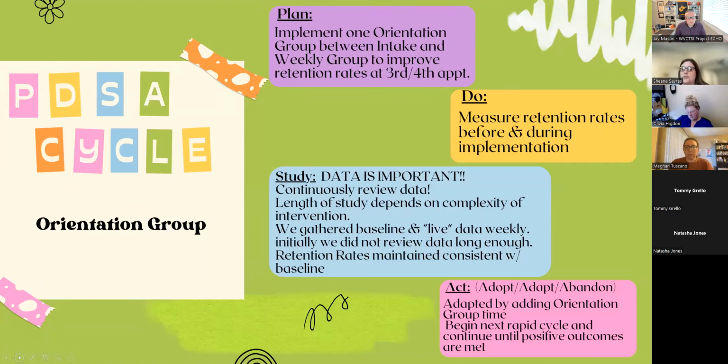So we decided to implement an orientation group, which was going to be after their intake, but before they move to a weekly group, to really start engaging them a little more, learning their barriers, teaching them a little bit more about the policies and procedures, helping them if they didn't know how to get on Zoom, or if they were struggling with transportation, like working out all of those barriers before they actually started in their weekly group treatment. We're a little more flexible with them and things like that, trying to really not set them up for failure at the very beginning, to set them up for success.